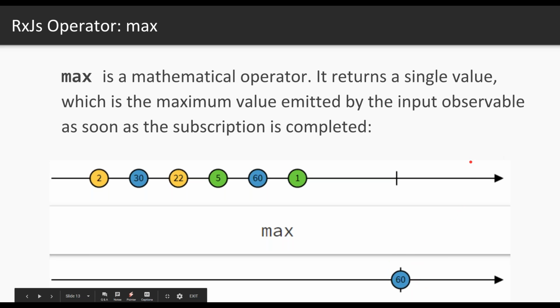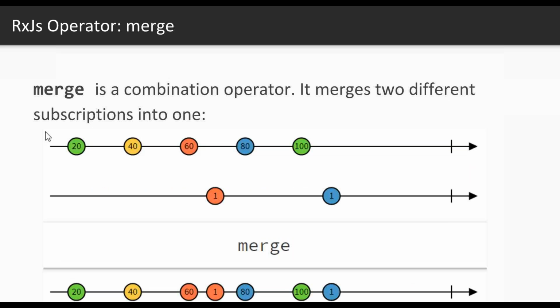So that's a very helpful operator that can be used in multiple different contexts. Another example of operator is merge. So merge takes two different observables and is going to merge them into one.